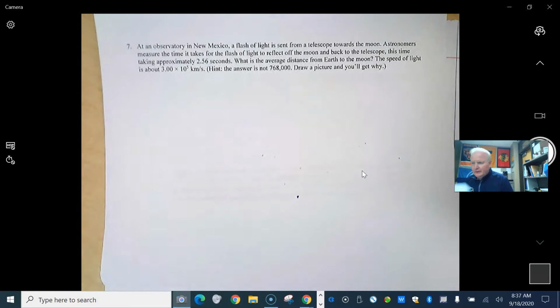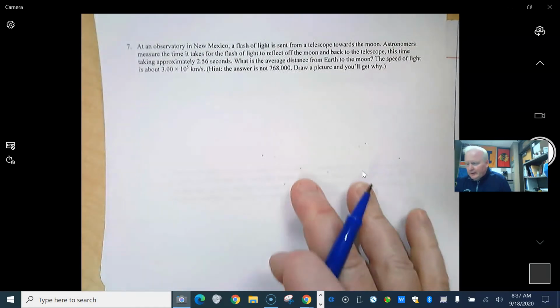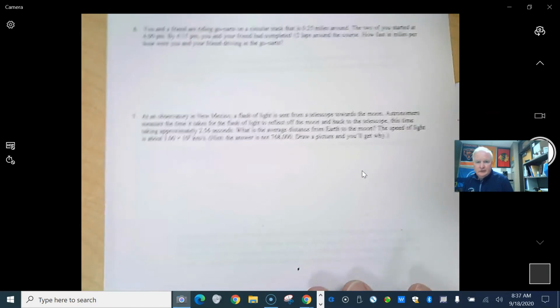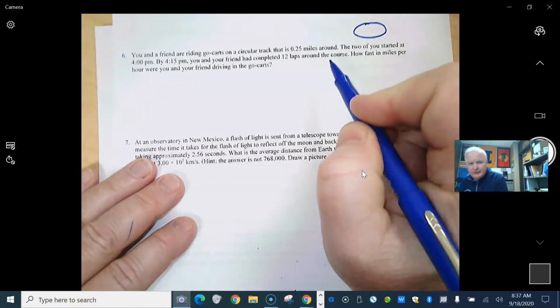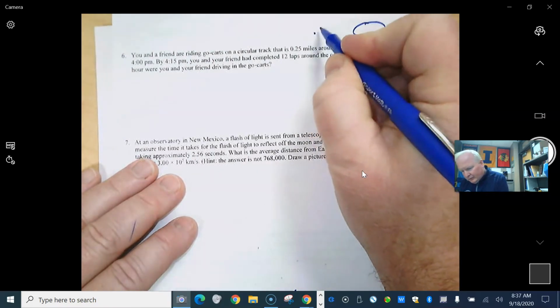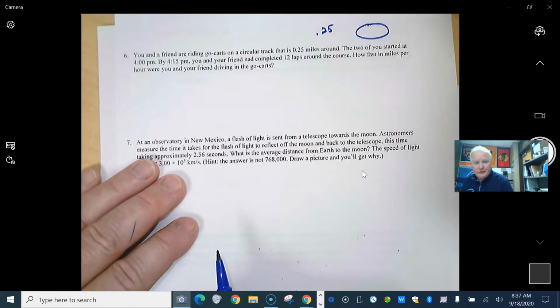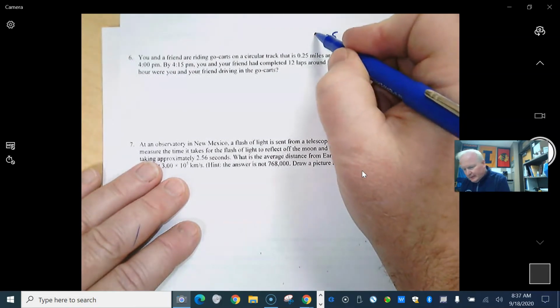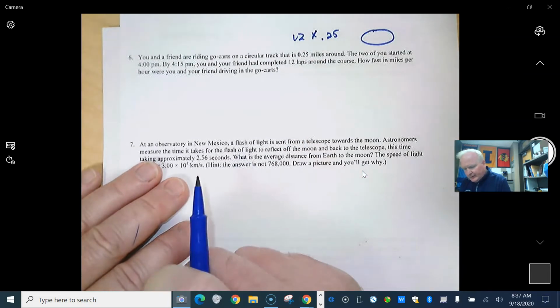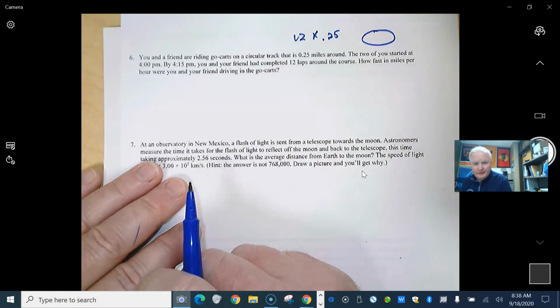If you're having trouble with 6, the problems with 6 are, number 1, this is a track, and because they're rotating around the track, and the track is 0.25 miles long, but they're going to do it 12 times. And so if we do it 12 times, we have to multiply by 12 times to find the distance.